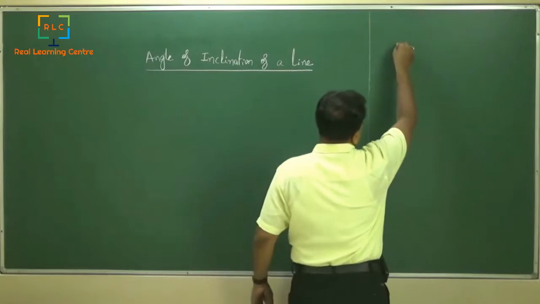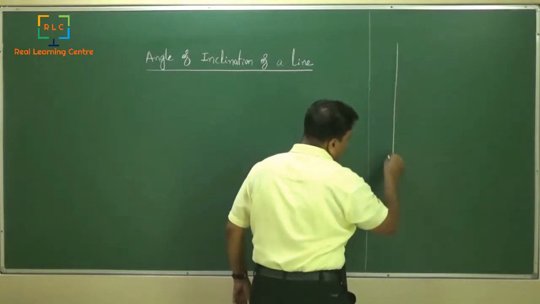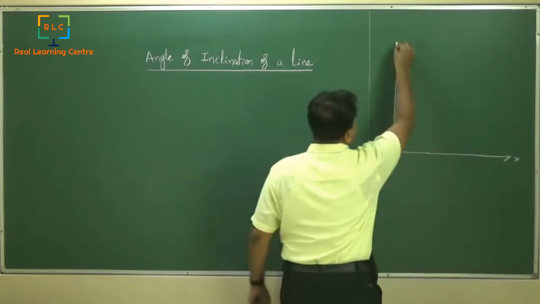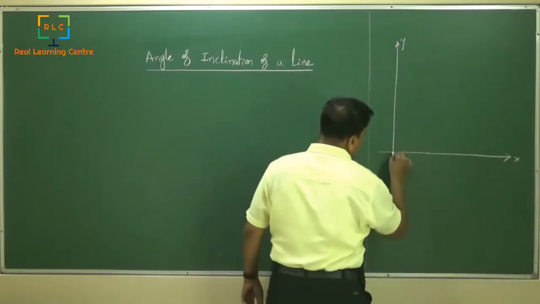Dear friends, these are the two coordinate axes: this is the x-axis, the y-axis, and this is the origin.